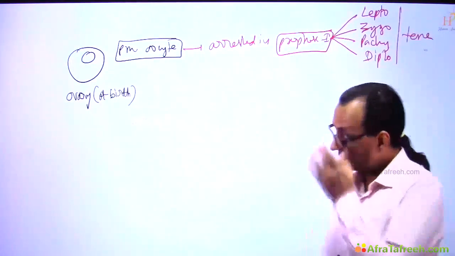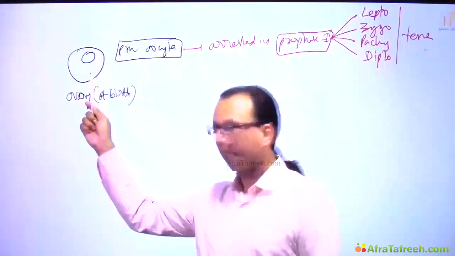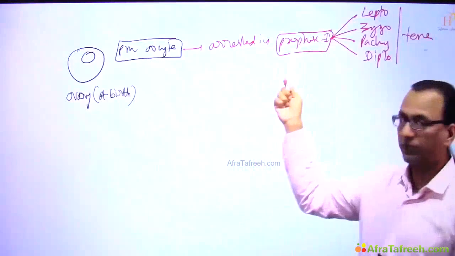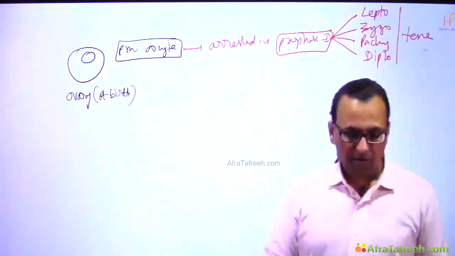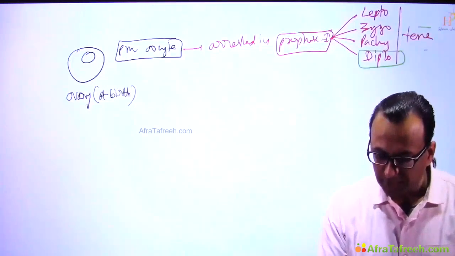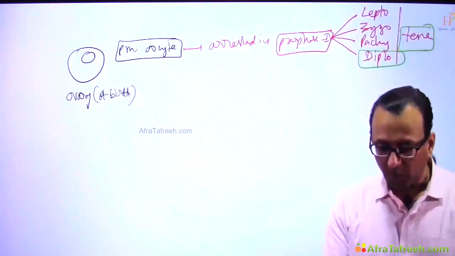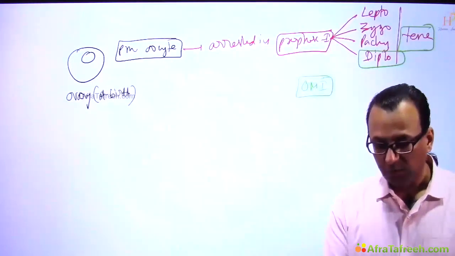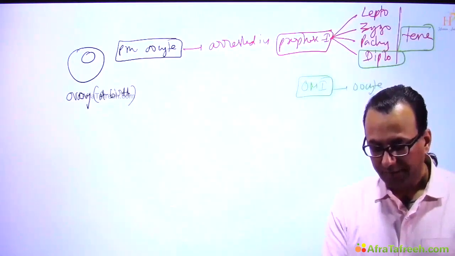The question will come: you're looking at the ovary at birth, it has a primary oocyte, and that is arrested in prophase 1, but which stage? And your answer is the diplotene stage. But why is it arrested in the diplotene stage? Because of OMI. And what is OMI? It is the oocyte maturation inhibitor.